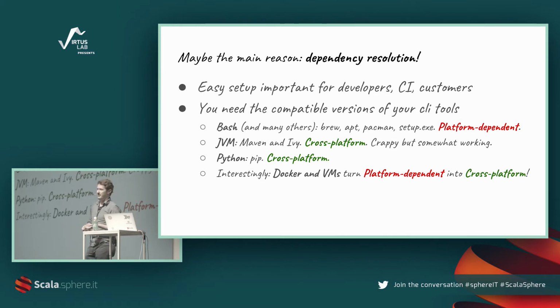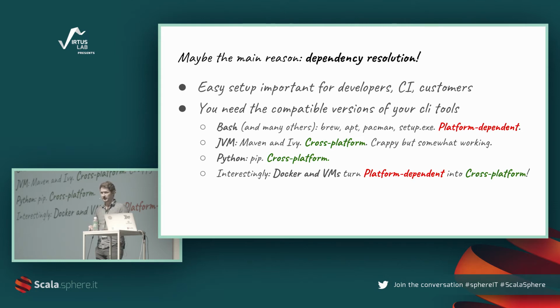You installed them with apt or with pacman or with homebrew or with just calling installers. So that's hard to replicate reliably on different developer machines and on the continuous integration system or in the production system. So there's fragility. And one of the big things that Java and Maven brought to the table is this platform-independent dependency resolver that just works.